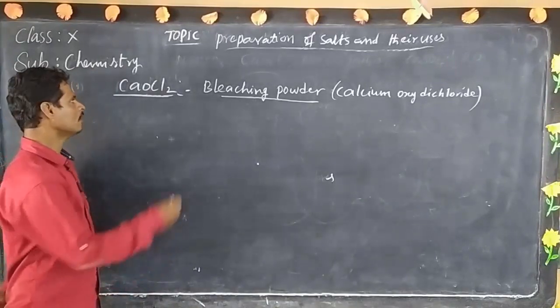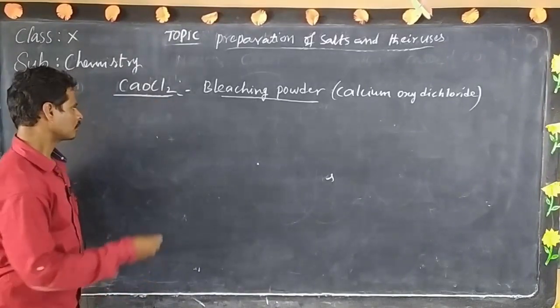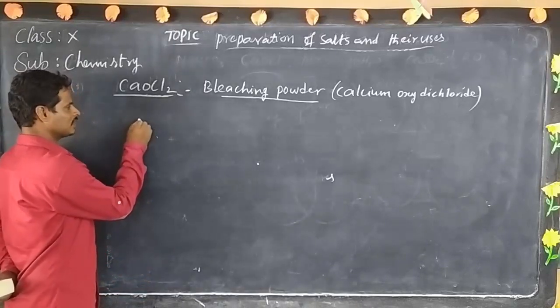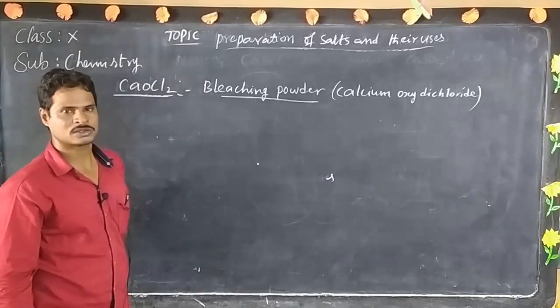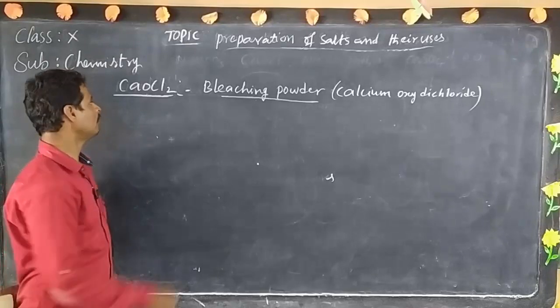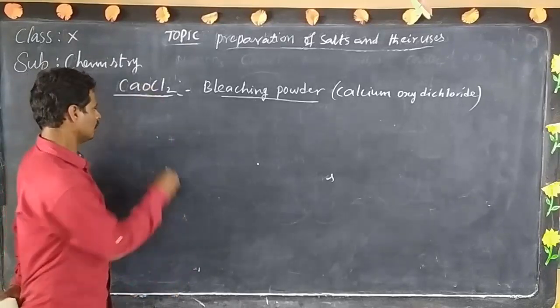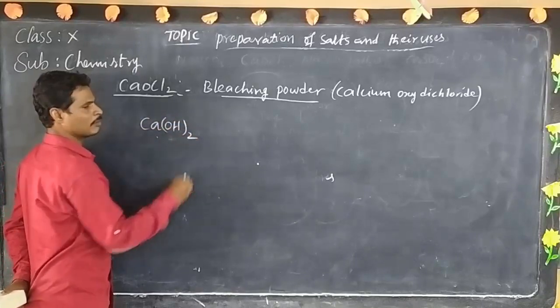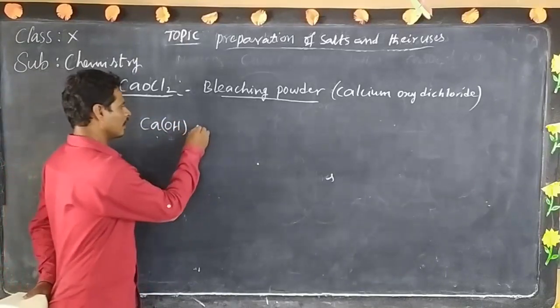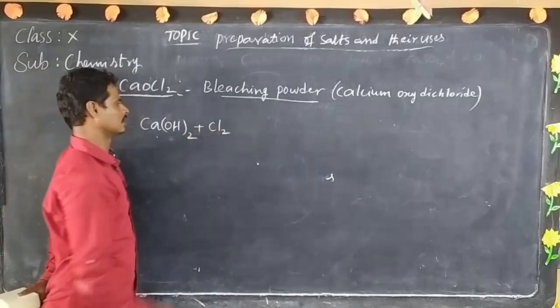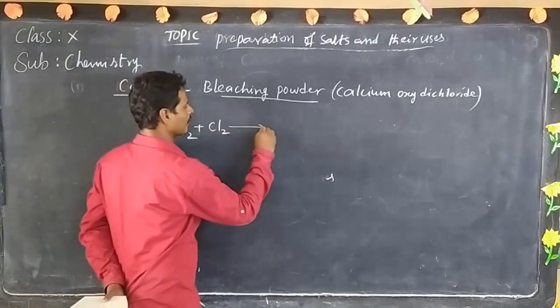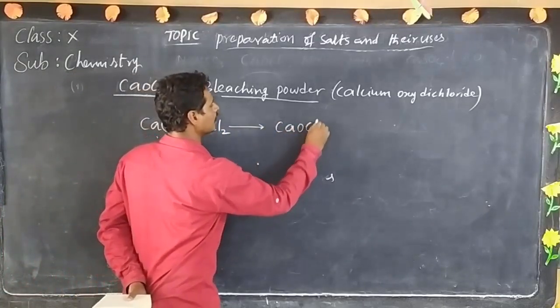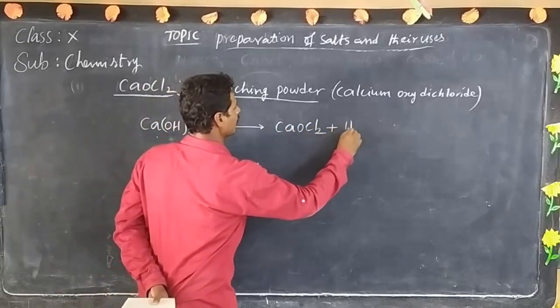How can you prepare the bleaching powder? Whenever chlorine gas passes through slaked lime, bleaching powder is formed. What is the formula of slaked lime? Calcium hydroxide. It reacts with chlorine gas to form calcium oxychloride plus H2O.